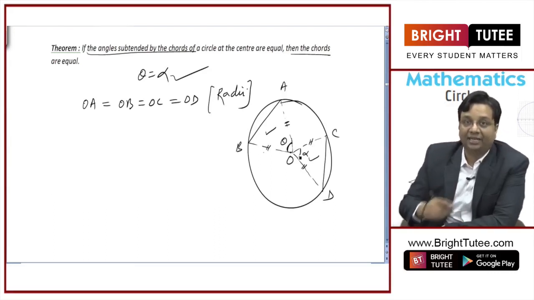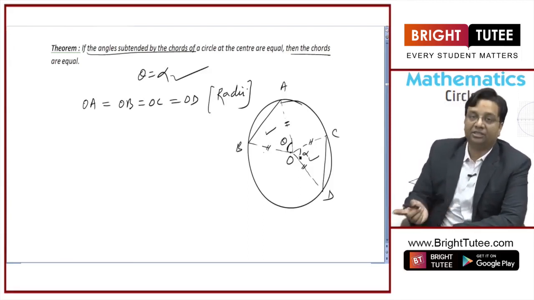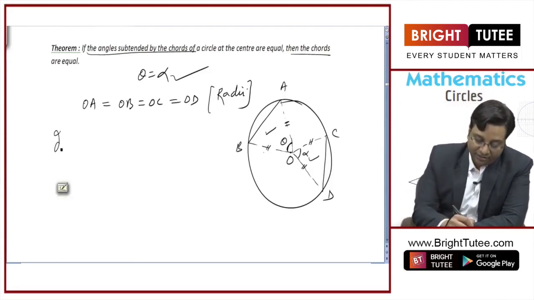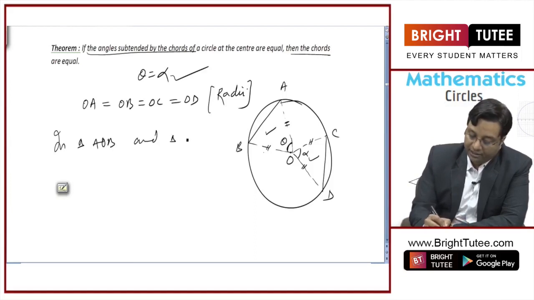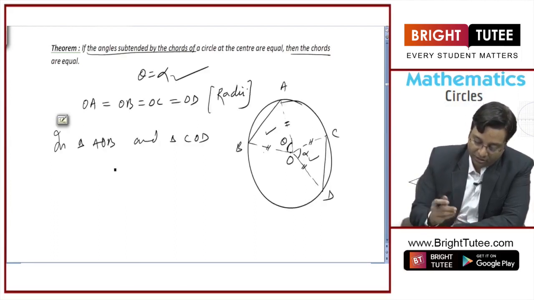So by the side angle side congruence rule, these two triangles are congruent, and by CPCT AB is equal to CD. Let me write it for you. In triangle AOB and triangle COD, we need to check whether AB is equal to CD, so we consider the rest of the segments.